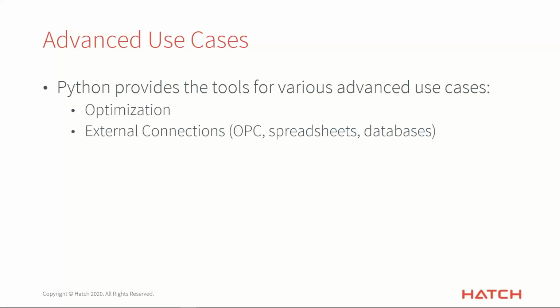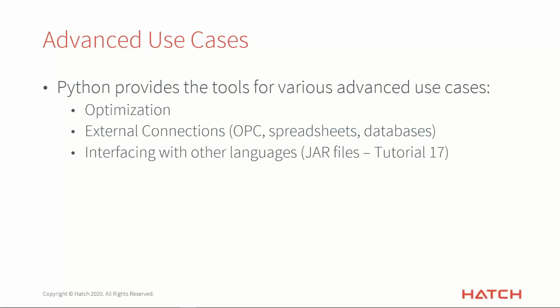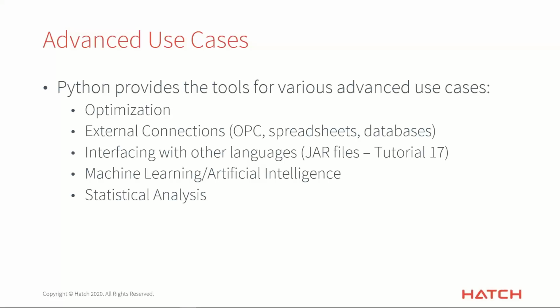We can connect to things like Freq or OPC, spreadsheets, or databases. You can interface with other languages. As I mentioned earlier, we have the ability to use jar files in GPSX, and there is an example tutorial of that. Python is fantastic for machine learning and artificial intelligence applications.